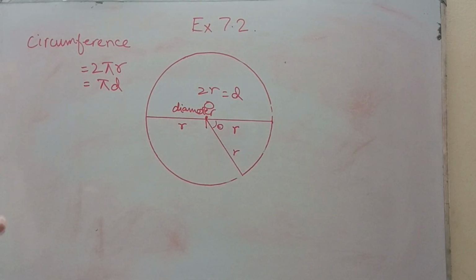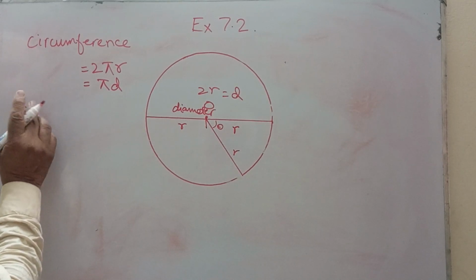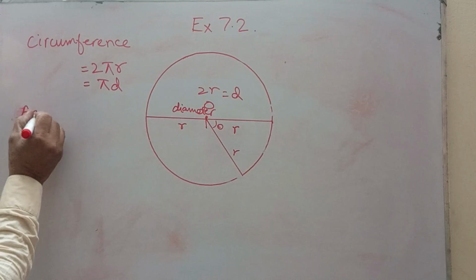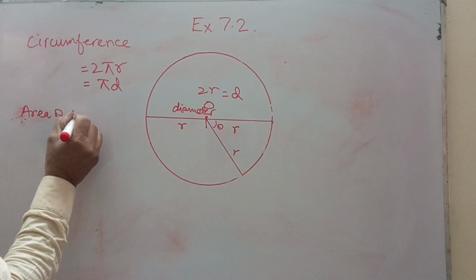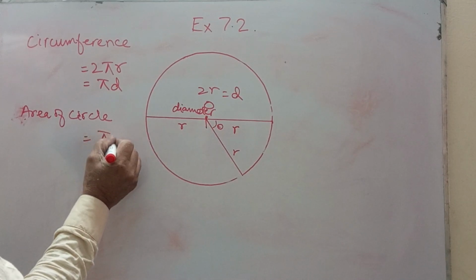Okay, now it is very easy. And the area of the circle is equal to pi r squared.